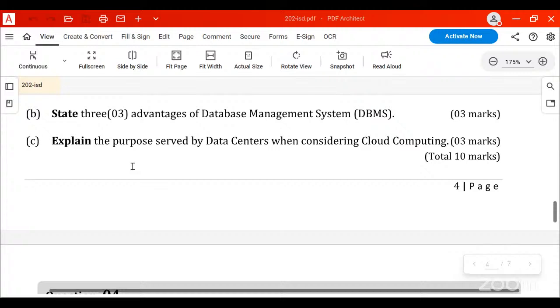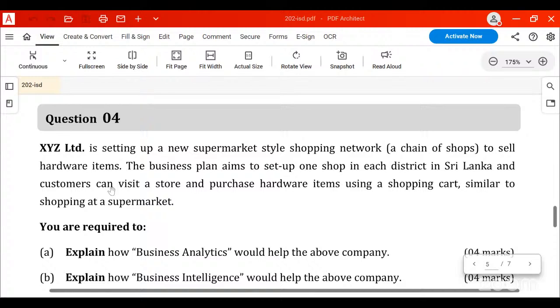Question 4. XYZ Limited is setting up a new supermarket style shopping network, a chain of shops, to sell hardware items.